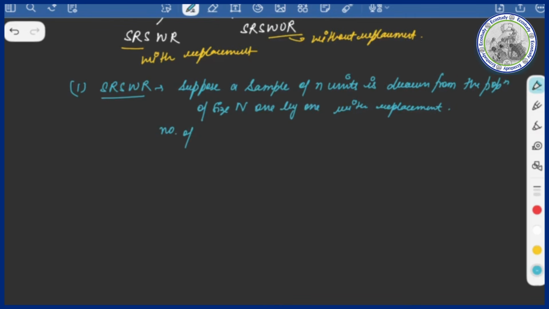So the number of possible samples would be N to the power n. Why? Because we have the population size N and we have to sample n units with replacement. For example, if you have 5 balls and you draw one ball, then in the next draw you should put the first ball back into the box, and then again draw. So the number of possible samples will be N to the power n, and the probability of selection would be 1 upon N to the power n.